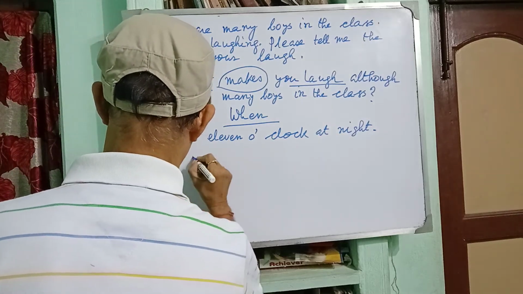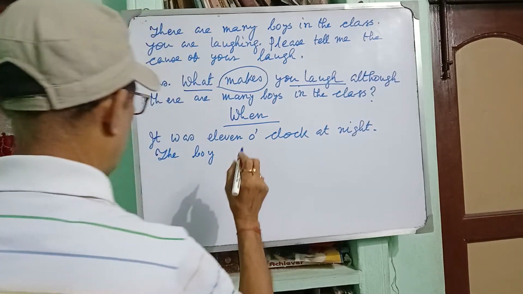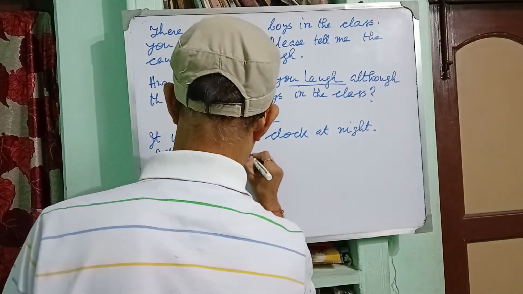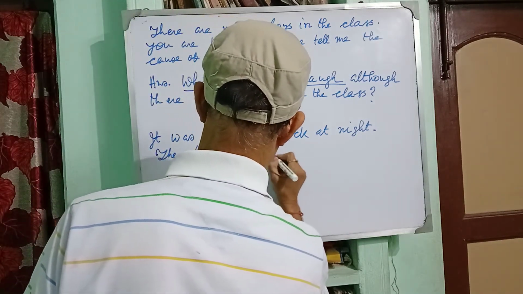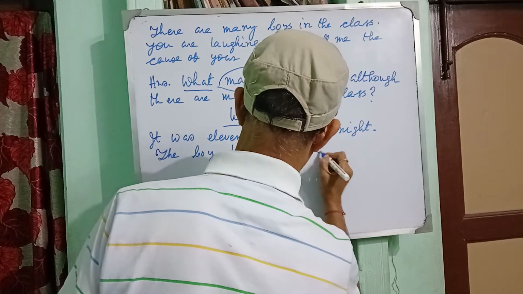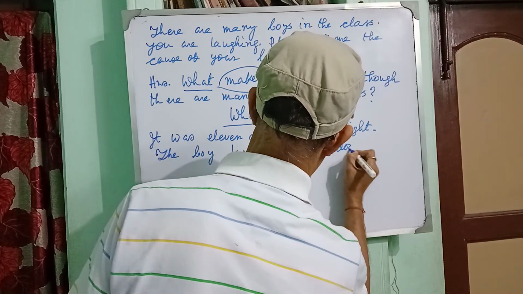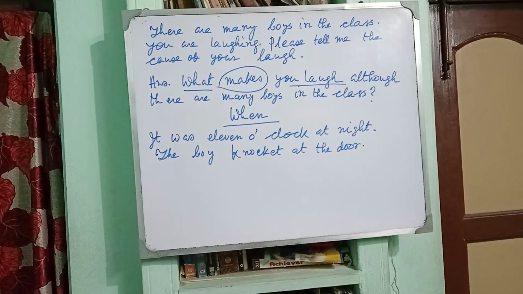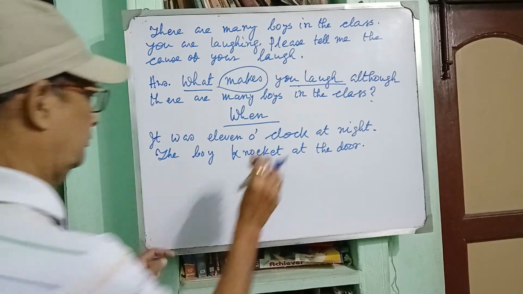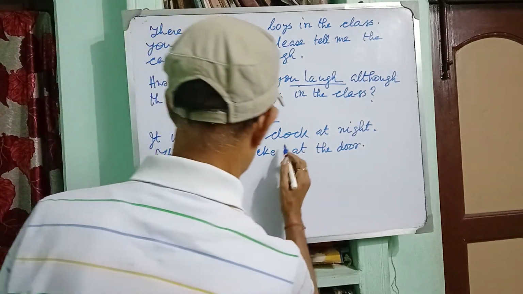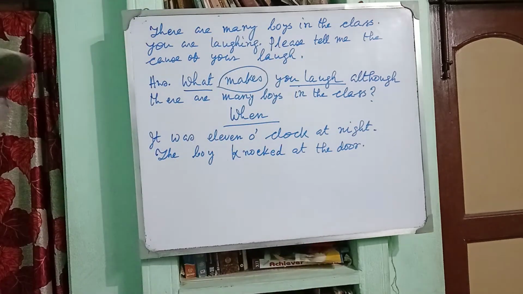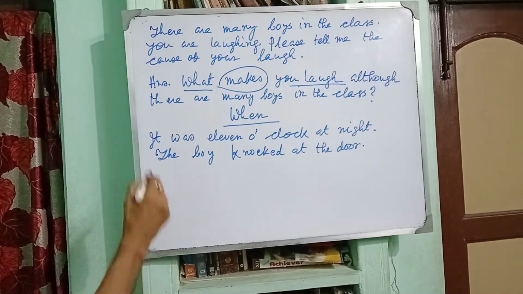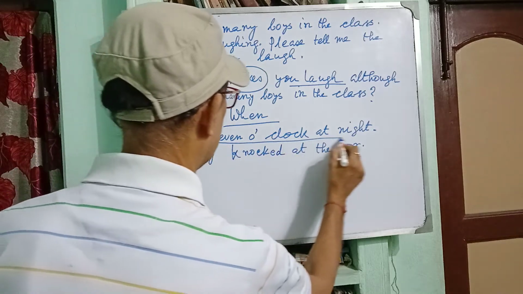The boy knocked at the door. There are two sentences. It was 11 o'clock at night. The boy knocked at the door.